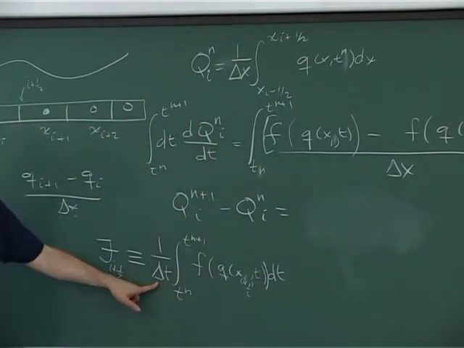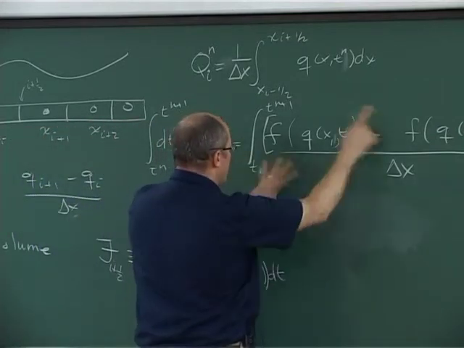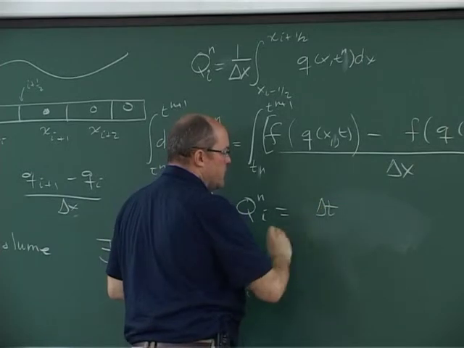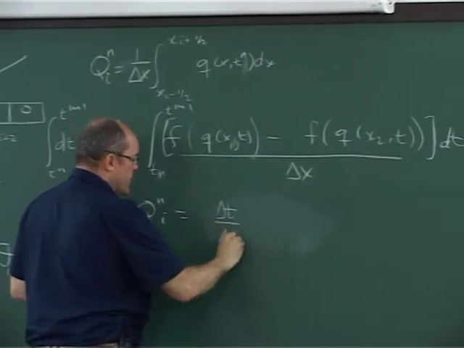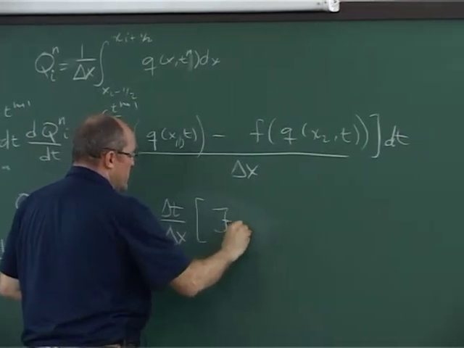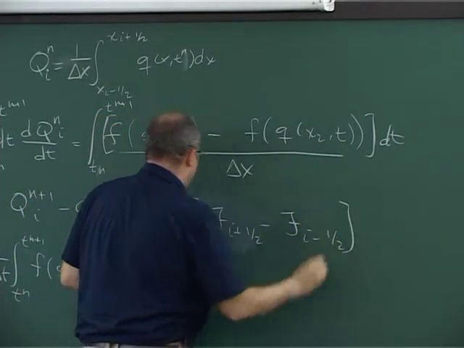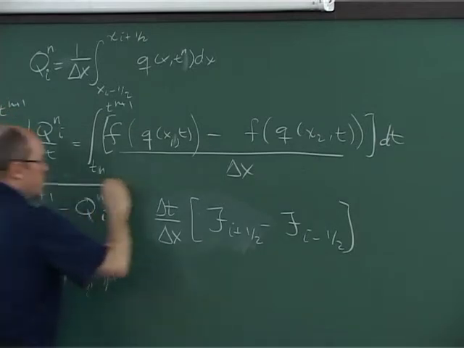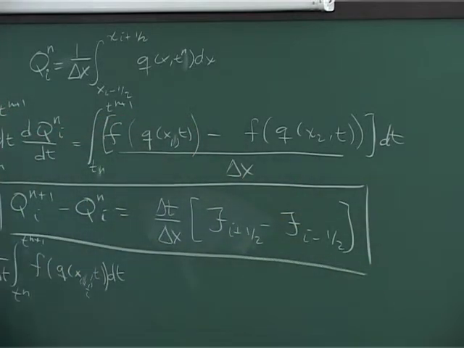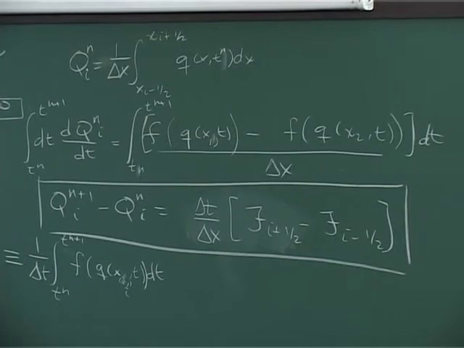I've put an extra delta t in here, so if I make all of this the same, I've got to put a delta t in the numerator here, and a delta x. And that's my integral form for a finite volume discretization.